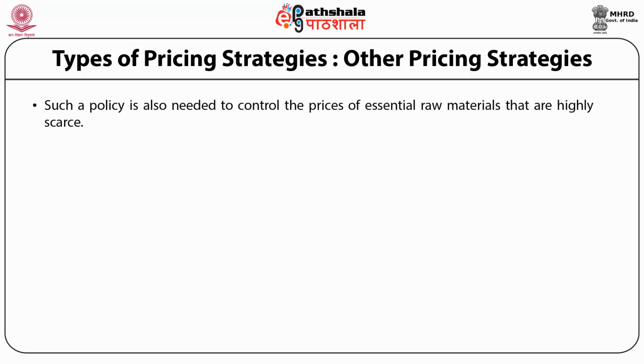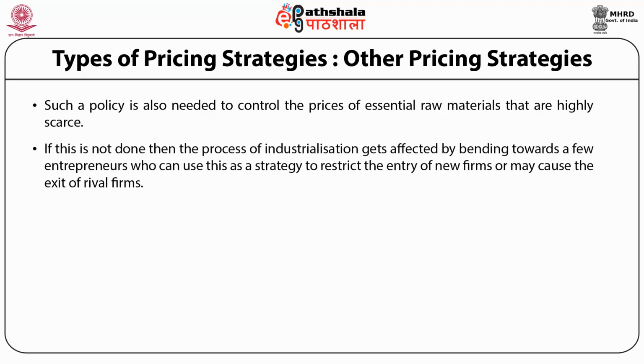Such a policy is also needed to control the prices of essential raw materials that are highly scarce. If this is not done, then the process of industrialization gets affected by bending towards a few entrepreneurs, who can use this as a strategy to restrict the entry of new firms or may cause the exit of rival firms.